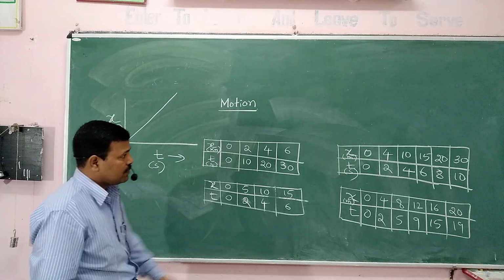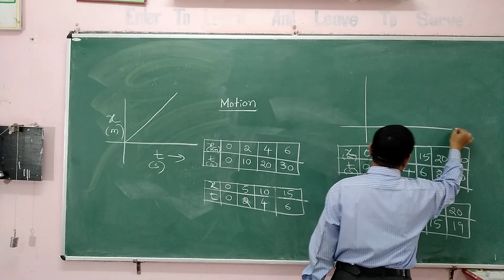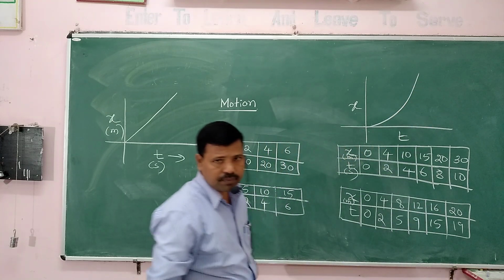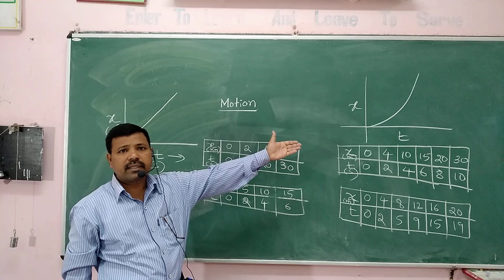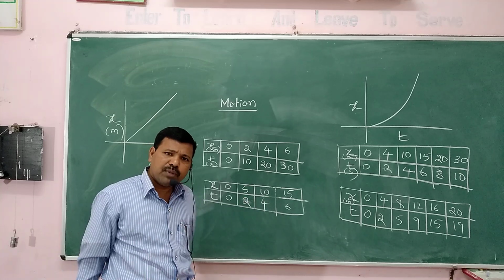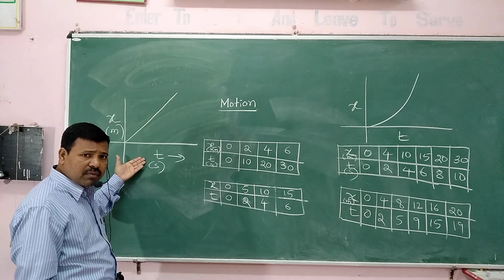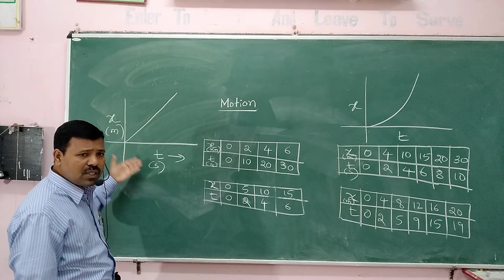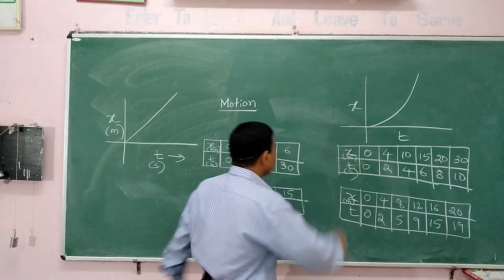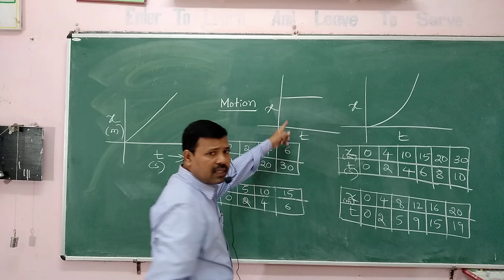For non-uniform motion, the graph would be like this. A curve. That curve indicates the non-uniform motion of the object. If the object is at rest, what is the nature of the xt graph? The xt graph, position-time graph, distance-time graph. This is for uniform motion. This is for non-uniform motion. And this is for rest, when the body is at rest.